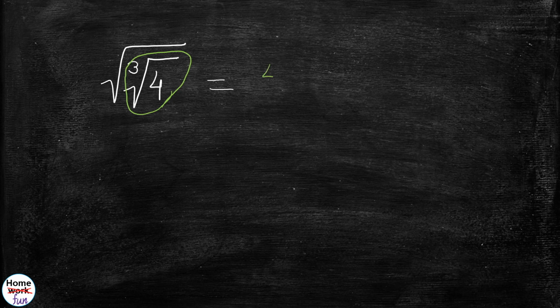That's the meaning of that cube root. 4 to the power of 1 over 3. Now I have one more square root on top of that. So now the exponent 1 over 3 gets halved again. So it becomes 4 to the power of 1 over 3, multiplied by 1 over 2 to get half. That means 4 to the power of 1 over 6.